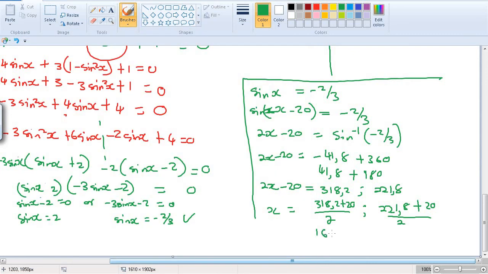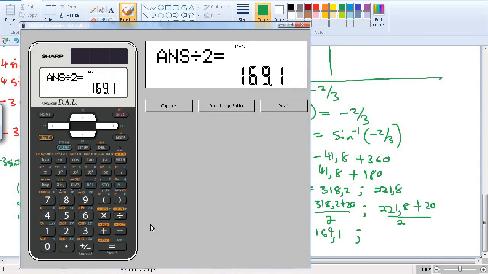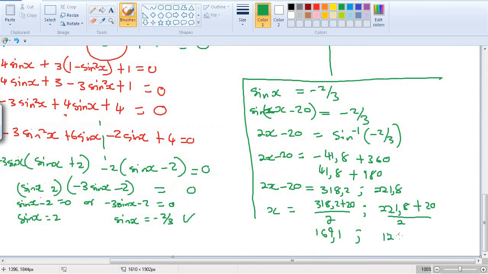And the next one, 221.8 plus 20, divided by 2, is 120.9. And those will be our solutions, because they request solutions between 0 and 180 degrees.